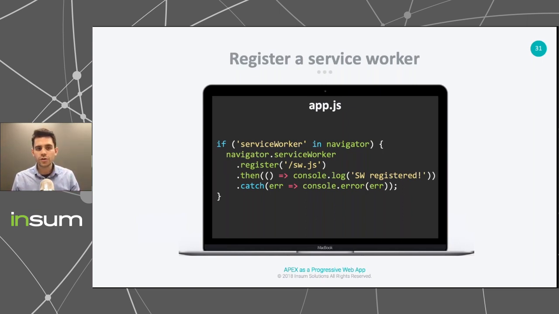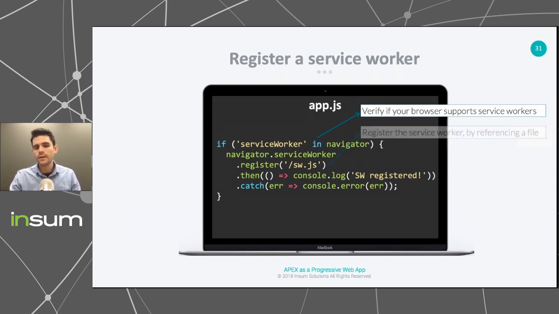So the first thing I want to do is to register a service worker in my application. That will allow us to make the connection between our application JavaScript and the service worker. Okay, what do we do here? First of all, we want to verify if the browser actually supports service worker.